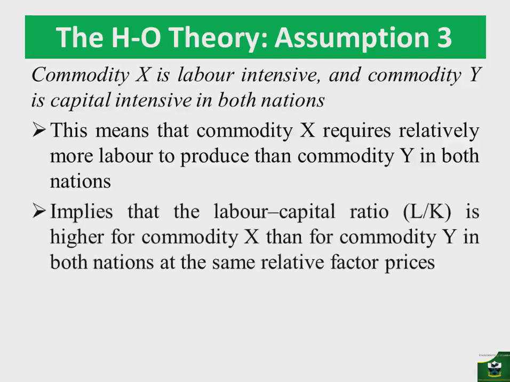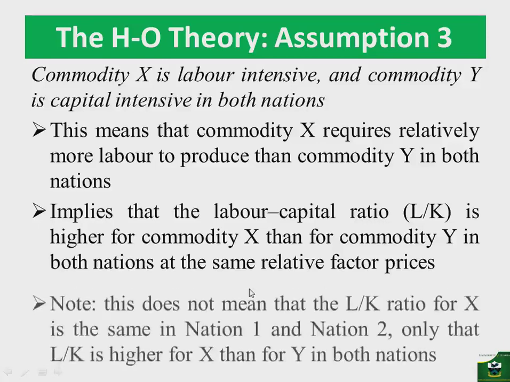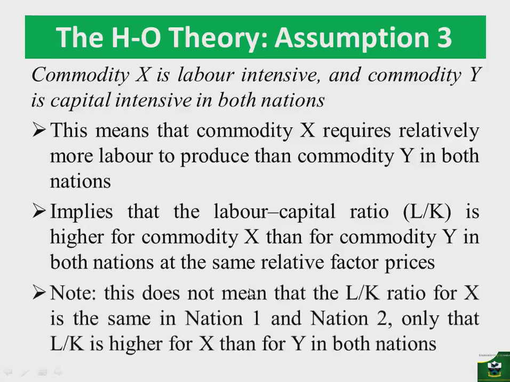Okay, this implies then that the labor capital ratio L over K, remember we use L for labor and K for capital, is higher for commodity X than for commodity Y in both nations at the same relative factor prices. Now, it should be noted here, which is key, that this does not mean that the labor capital ratio for X is the same in both nations.